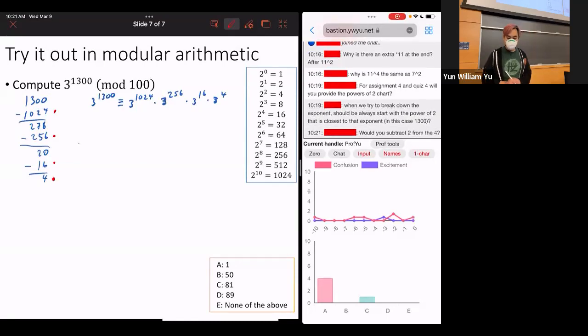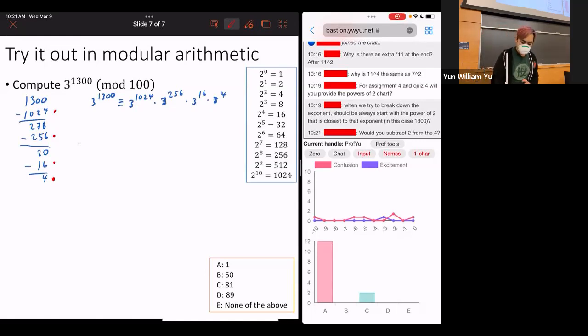Would you subtract 2 from 4? The point is, once you get to a power of 2, you don't need to, because the whole point of breaking things up is to get only powers of 2, because the chart we're about to make is going to give you all the powers of 2.